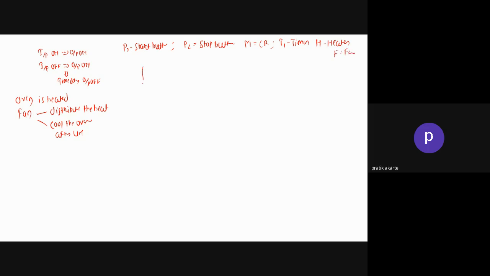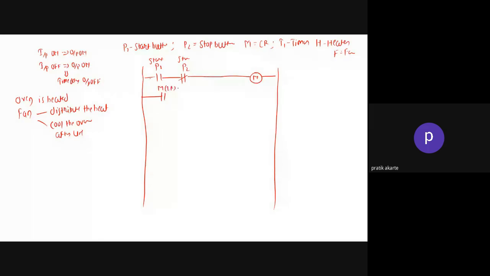So let me draw the ladder diagram for these conditions. I'm drawing a latch circuit over here, P1, then P2, this is start, this is stop, then I'll put a control relay over here, M, and from this I'll put one M, which is an internal relay associated with this control relay, and the signal is like this. This is my rung 1.